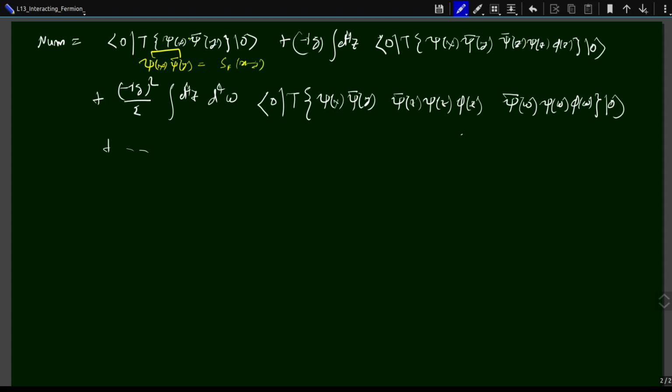So let's look at the second term. The second term I can contract the fermion fields in several ways. Okay, but let's not jump into that. Let's look at the scalar field. There is only one scalar field, and it cannot be contracted because we need two scalar fields to contract it.